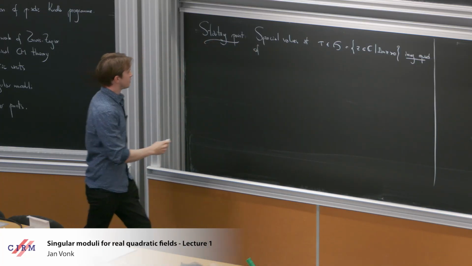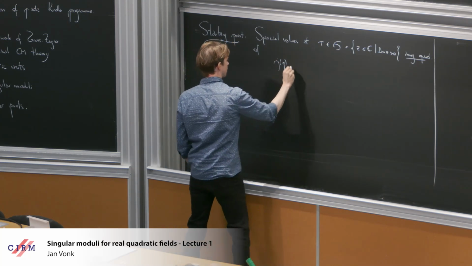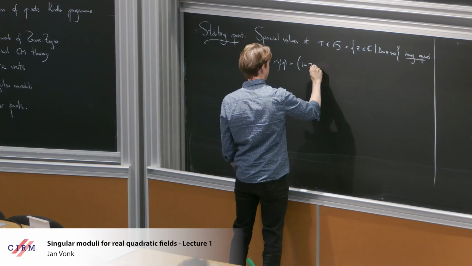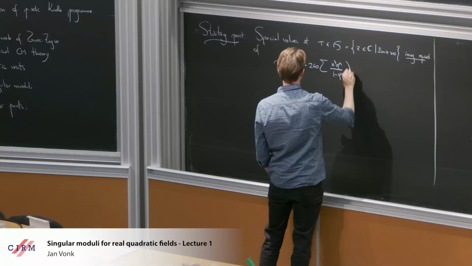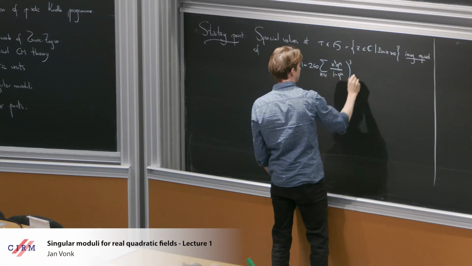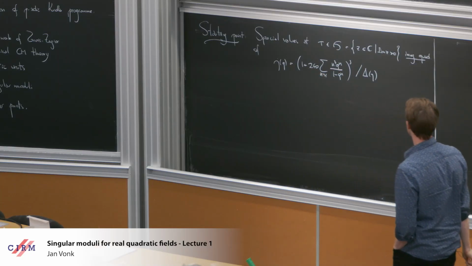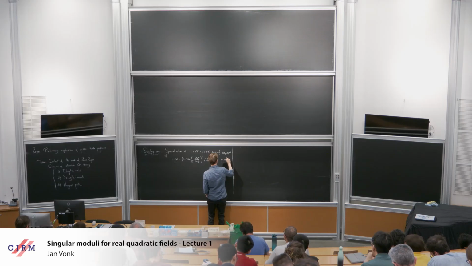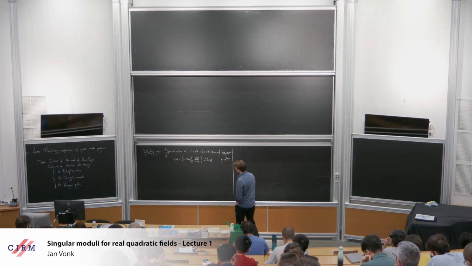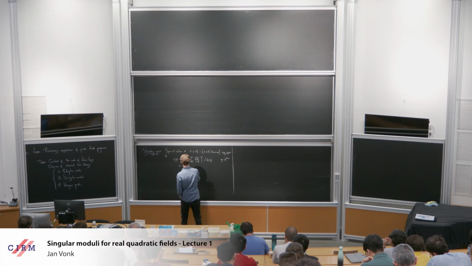And I will do this particularly focused on two special functions today, which is the J function, which we all know and love, where delta of q is the usual Ramanujan tau series. So this will be in the usual variable q, which is e to the 2 pi i tau. And if you expand this as a q-series, what's important for today's lecture is that this is a q-series defined over Z.